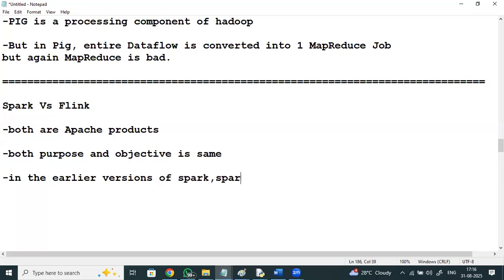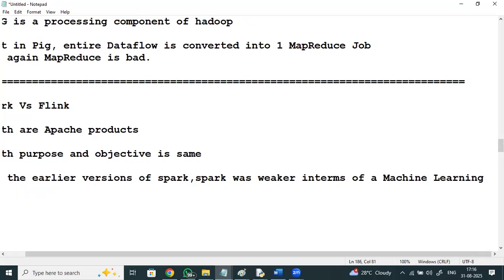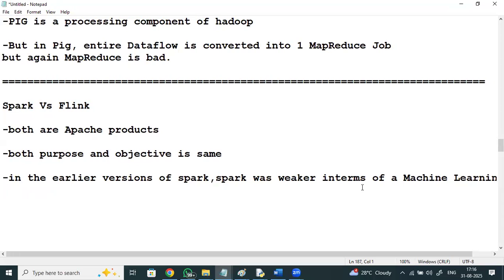In the earlier versions of Spark, Spark was weaker in terms of analytics, in terms of machine learning.